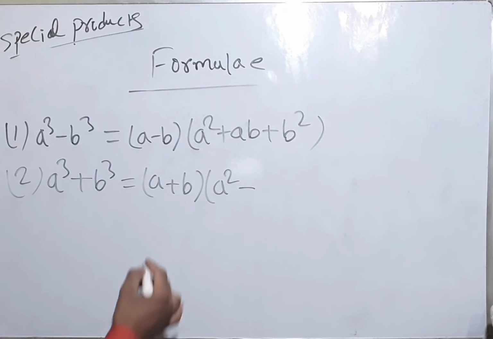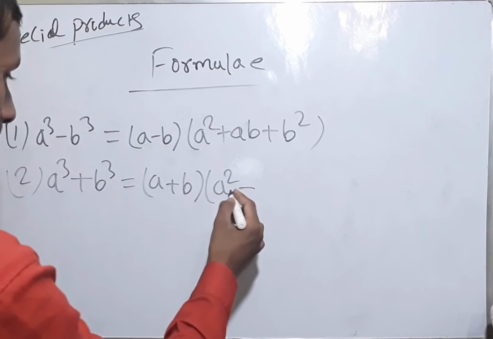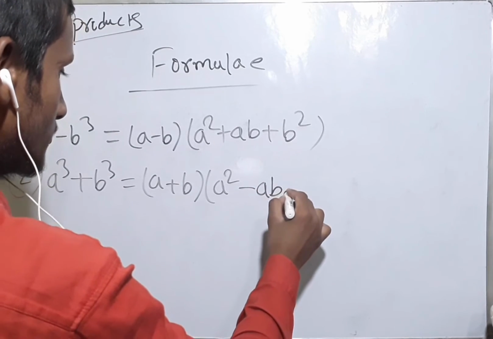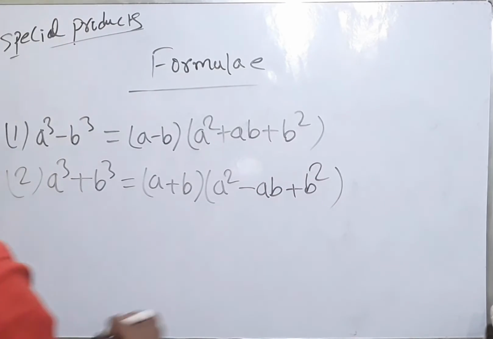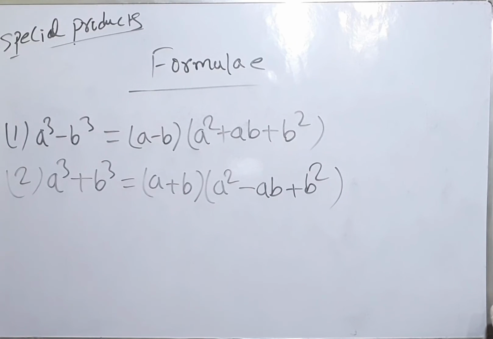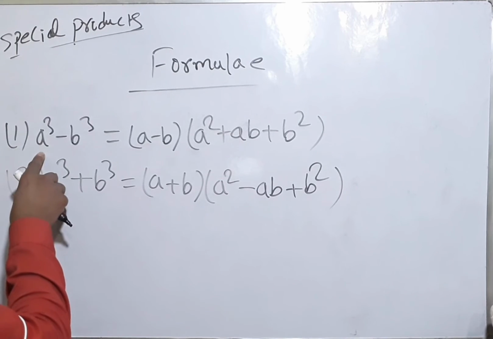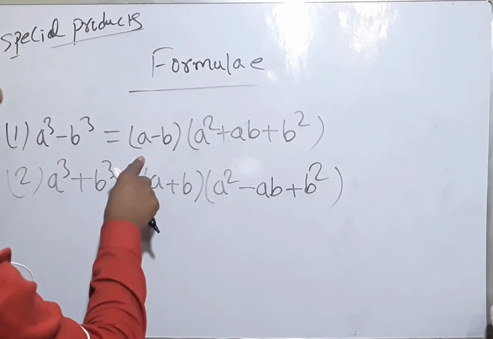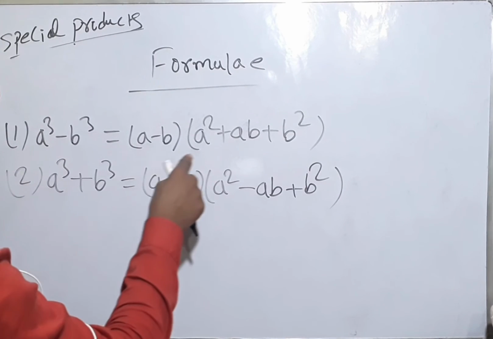I'll explain how to memorize this, because hopefully I haven't written anything wrong now. There are a lot of formulas for beginners, which may seem intimidating to memorize. So how do you memorize this? a cubed minus b cubed is equal to a minus b, so you have minus at the front, and all the other terms are plus.